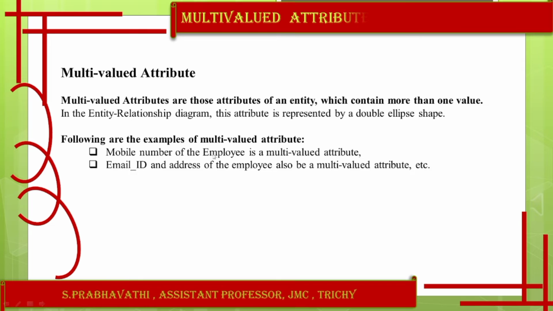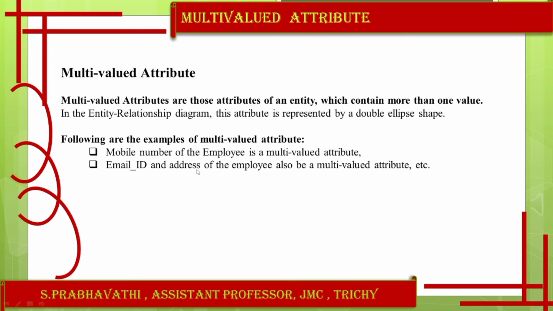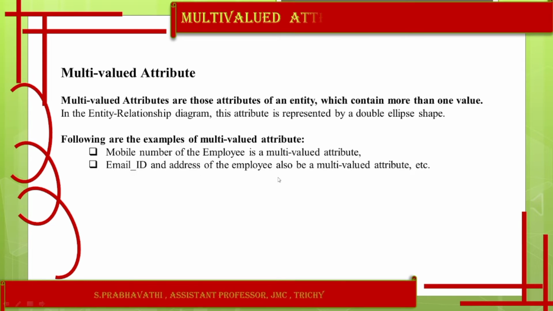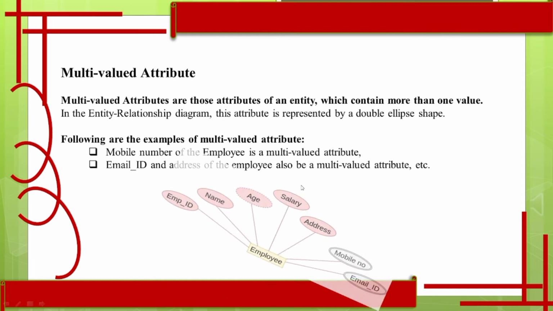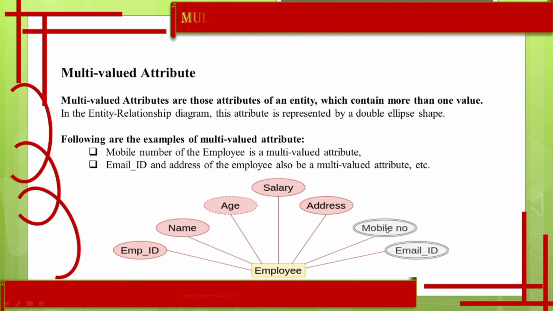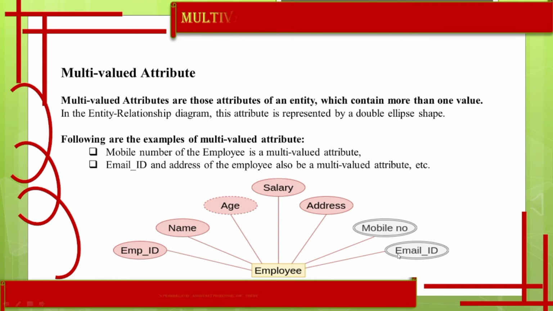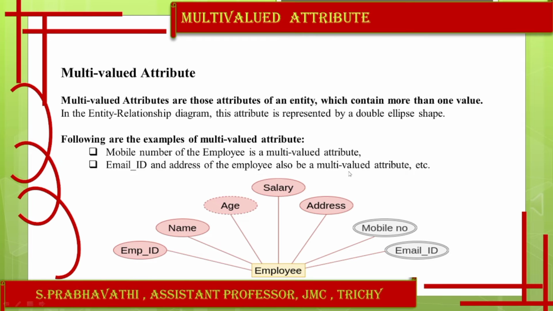Phone number of the employee is a multi-valued attribute. Email ID of the employee is also a multi-valued attribute. One person can have more than one phone number, so this is a multi-valued attribute. Email ID also can have more than one mail ID, so this is a multi-valued attribute.